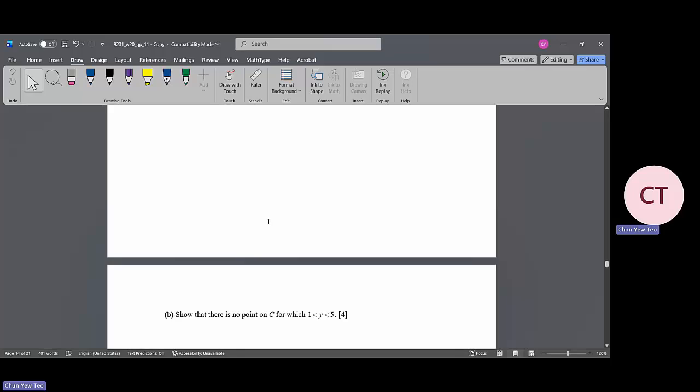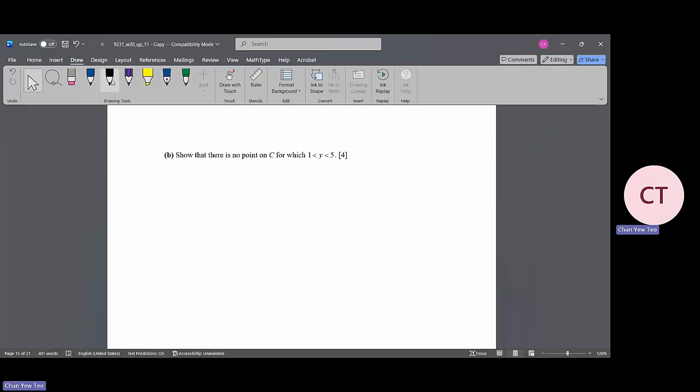Move on, we have 6B. State that there is no point on C for which y is between 1 and 5. Okay, so you just need to start from here. Apply to the other side.